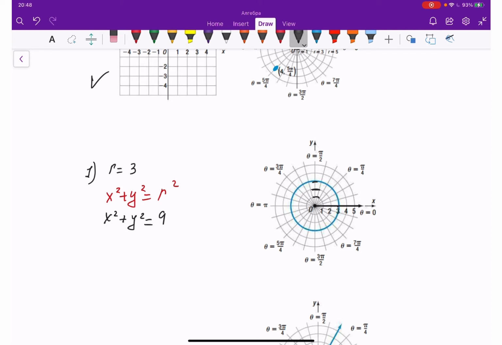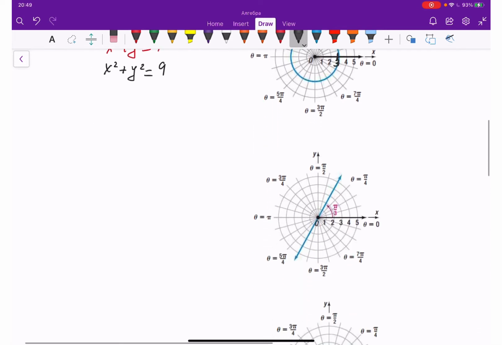Here also you can see radius 3. Since we have a circle, x squared plus y squared equals 9, therefore it's going to be a concentric circle with radius 3.